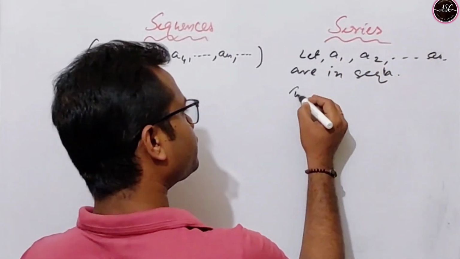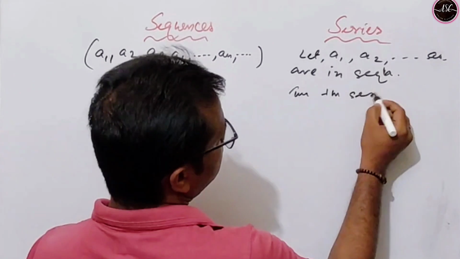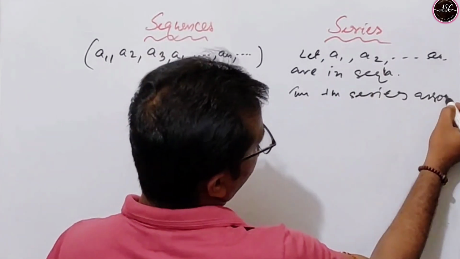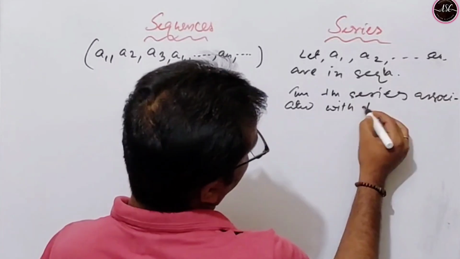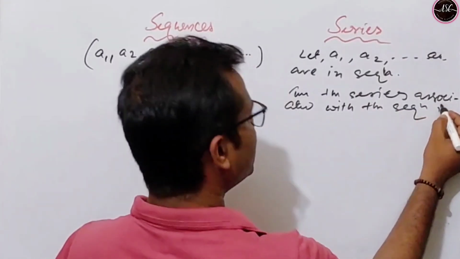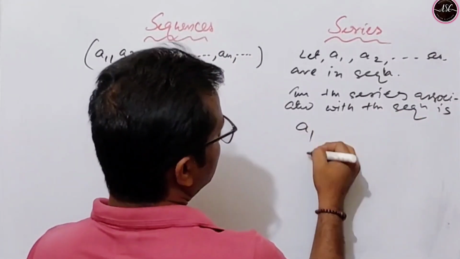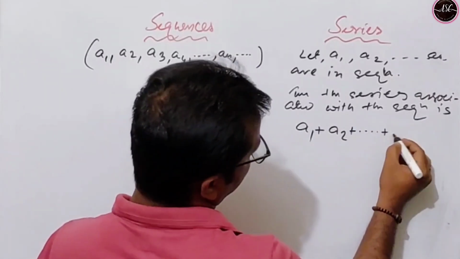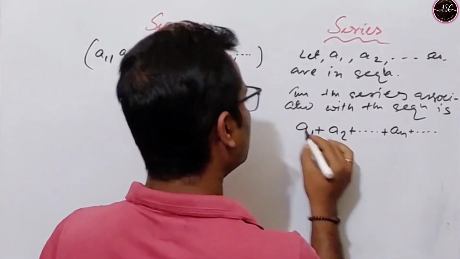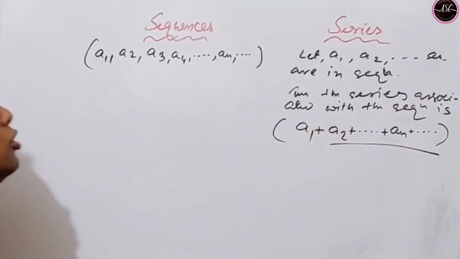Then the series associated with the sequence is a1 plus a2 plus up to an plus so on.